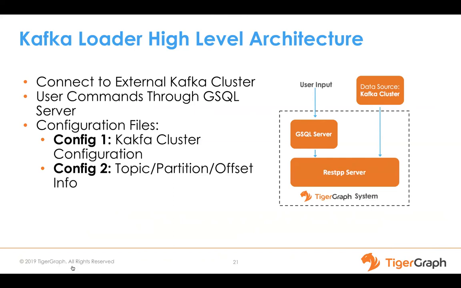That's serving as your data source. And it loads into the TigerGraph REST PP server. And for configuring and managing the data loading, user use GSQL query and going through the GSQL server and talking to the REST PP server.